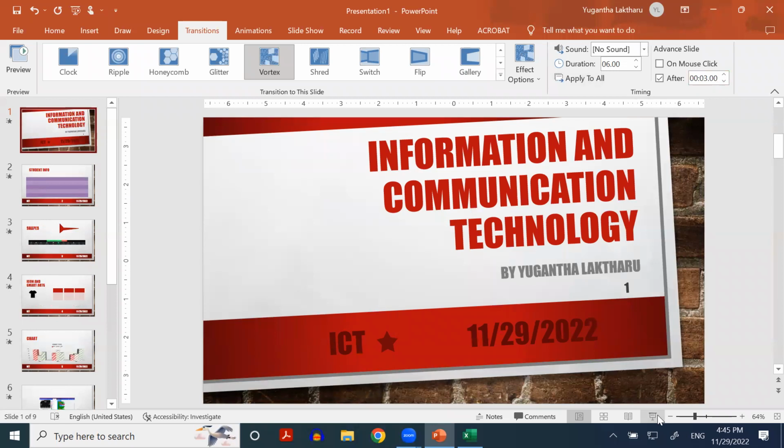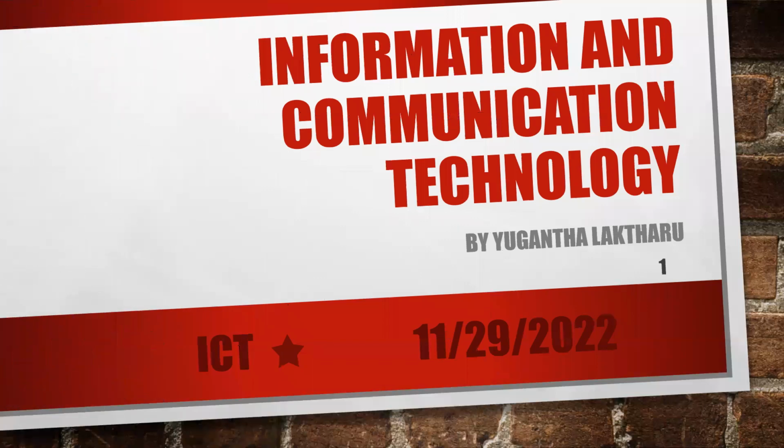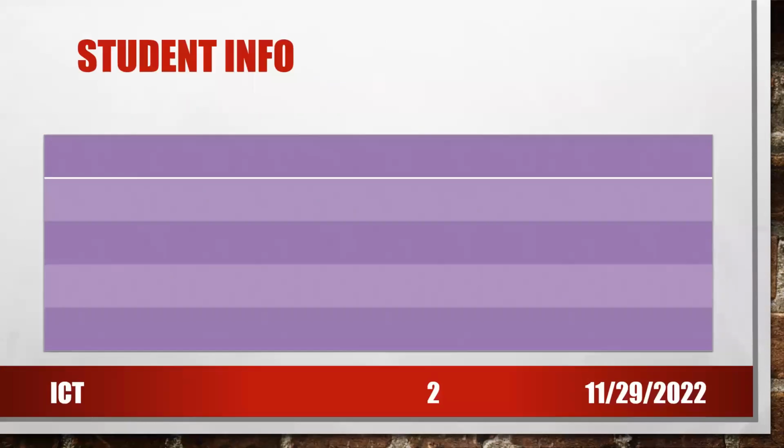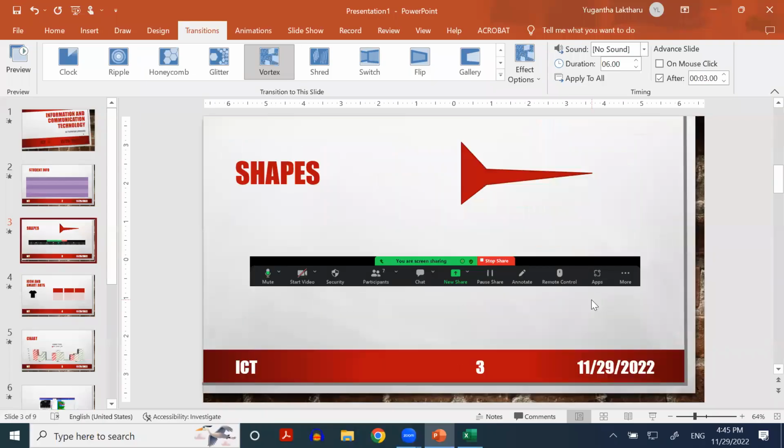So now when I'm playing it, each and every slide is going to be there for 3 to 4 seconds. Like this. So 1, 2, 3. There you go. So after 1, 2, 3. So now it happens in an automated manner. Why? I have set a time for it to be advanced.